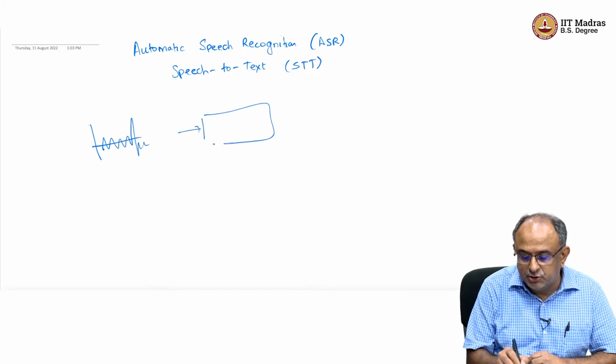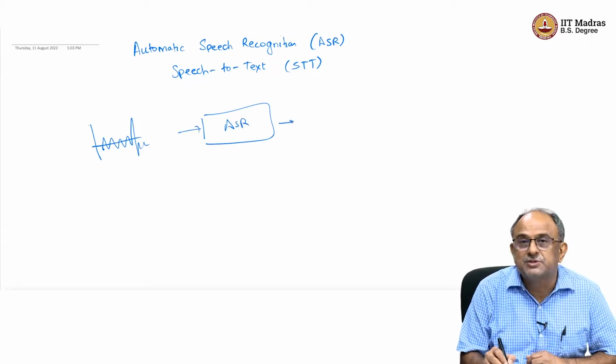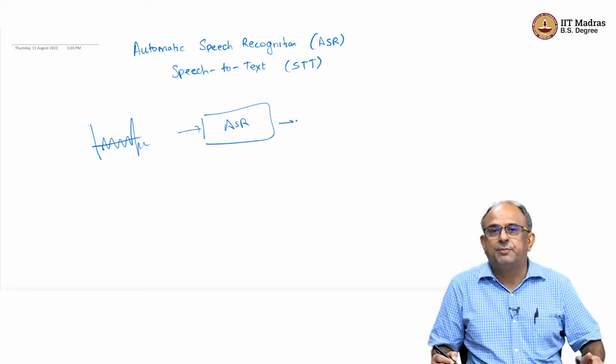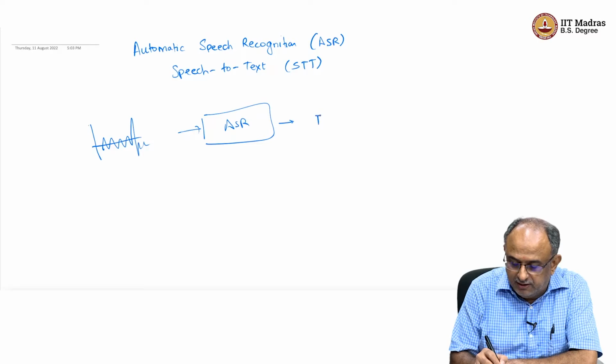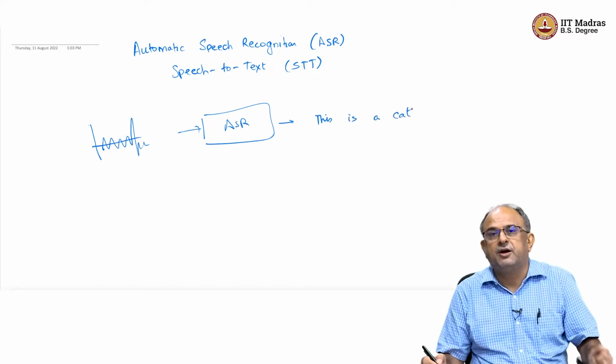This goes into a system which is called the ASR system, and out comes a sequence of words. That is the basic idea in speech recognition. This is a cat. This is what we want.